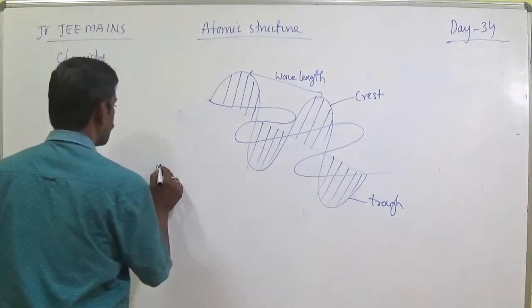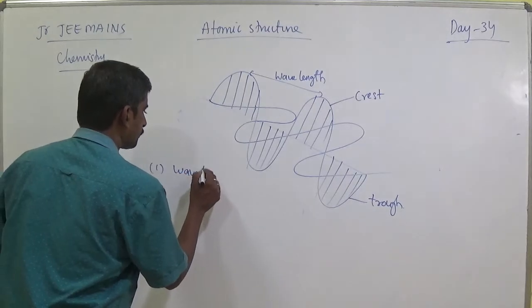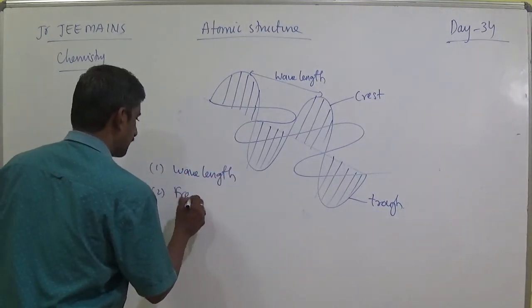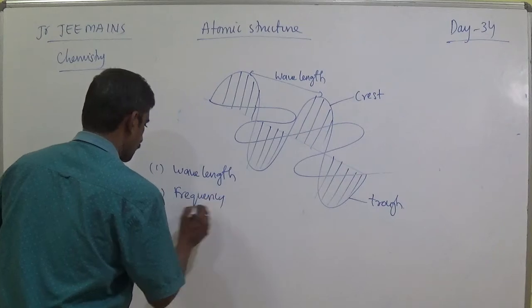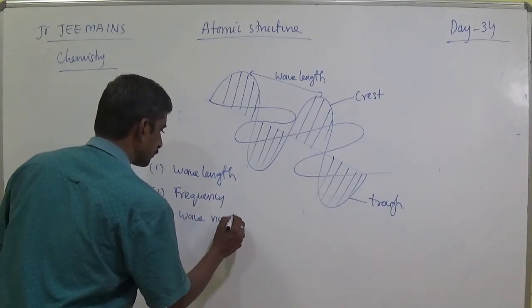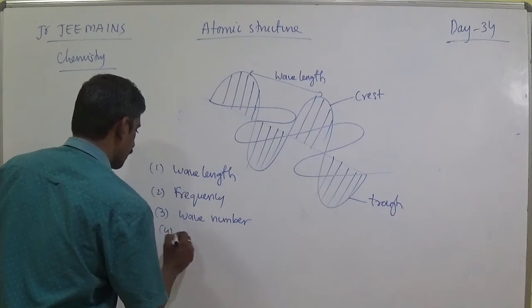First one is wavelength, second is frequency, third is wave number, and last is velocity of light.